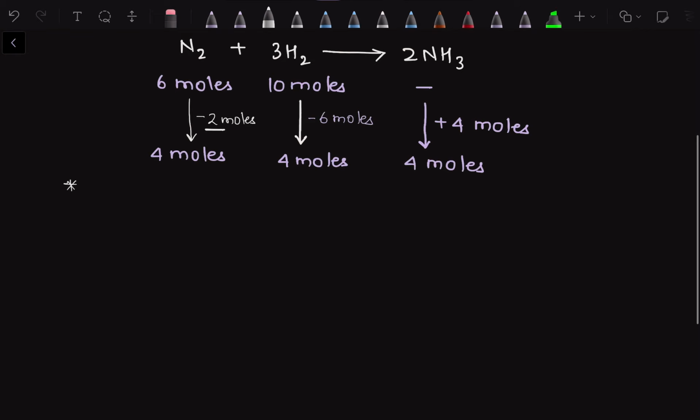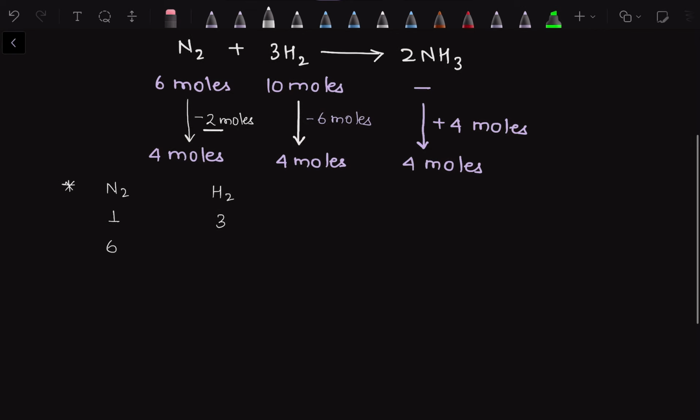So, for nitrogen and hydrogen, we will do the calculation that 1 mole of nitrogen requires 3 moles of hydrogen, and therefore 6 moles of nitrogen will require 18 moles of hydrogen, and we can check that we have only 10 moles of hydrogen in the reactor, right? And hence we can conclude that hydrogen is the limiting reactant in this case.